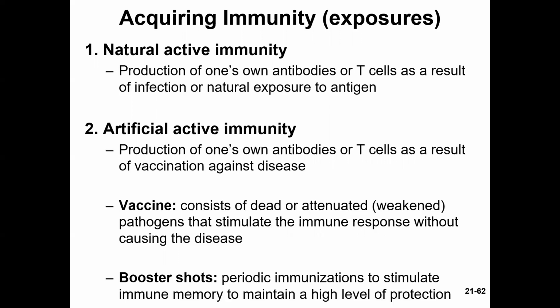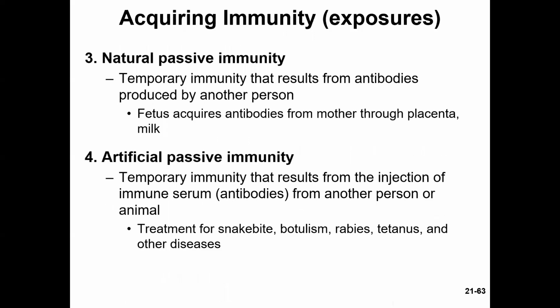A vaccine consists of dead or attenuated, please make no mistake, attenuated cells are not dead, they are weakened, pathogens that stimulate the immune response without causing the actual disease. Booster shots are periodic immunizations to stimulate the immune memory to maintain a high level of protection.